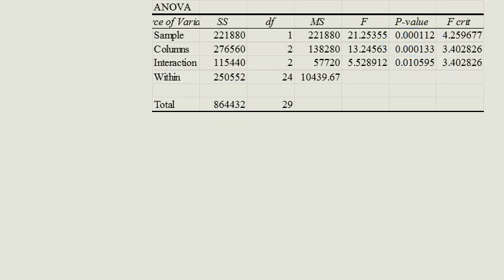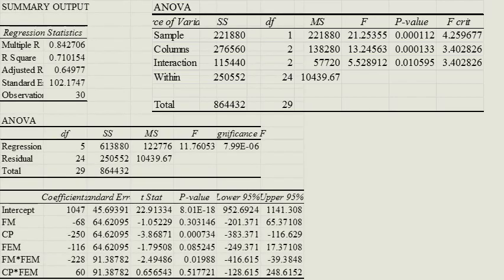Anyway, let's look at the regression outputs, and let's begin by looking at the ANOVA tables. The error and total rows are exactly the same for both.